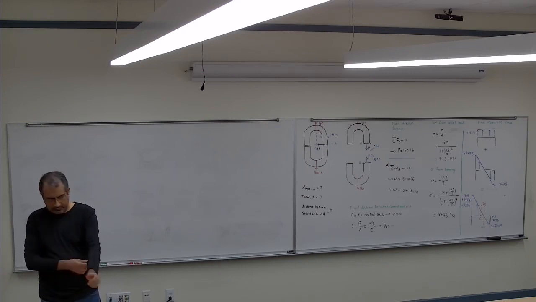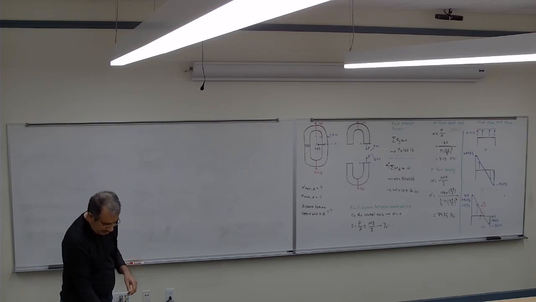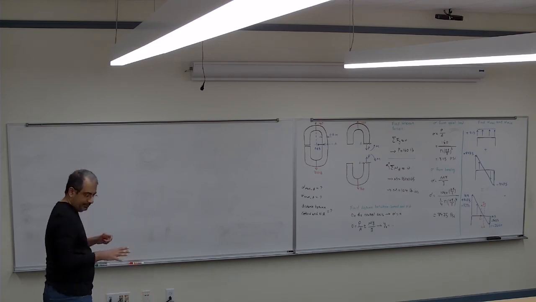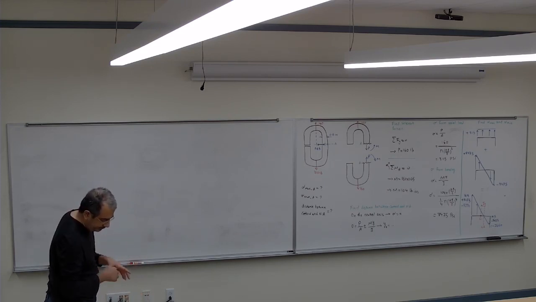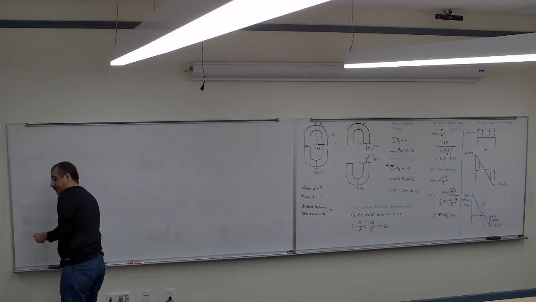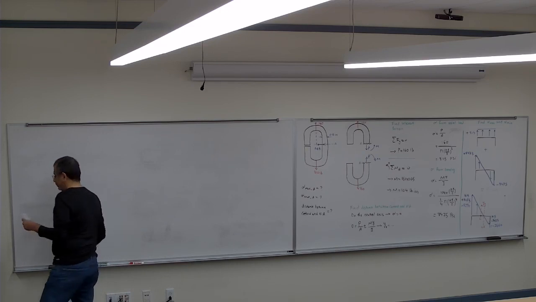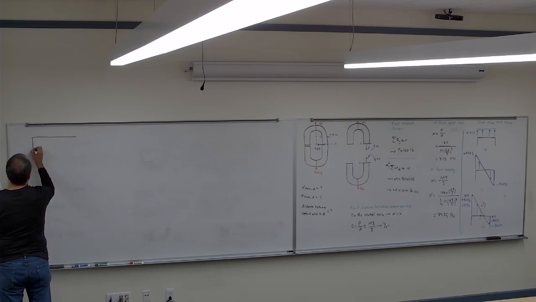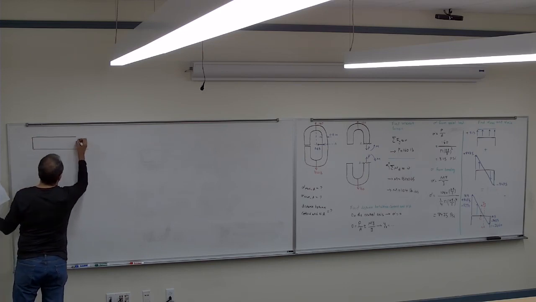I'm going to redraw it a little bit different from what's in the book. So assume we have a beam or a member, like this.